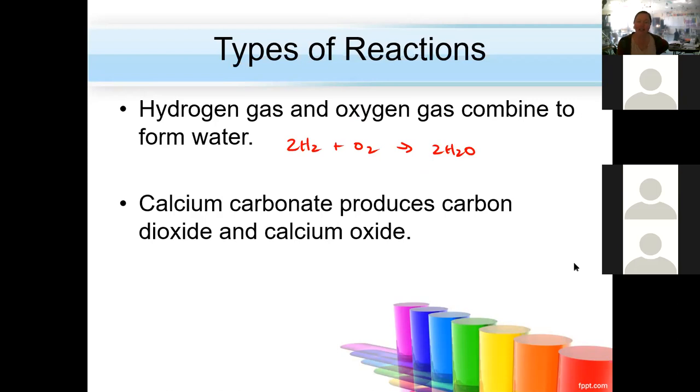Good. Next one. Calcium carbonate produces carbon dioxide and calcium oxide. What's that going to look like in an equation? CaCO3. Perfect.